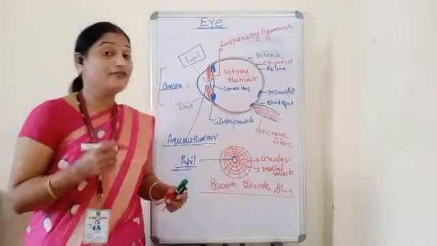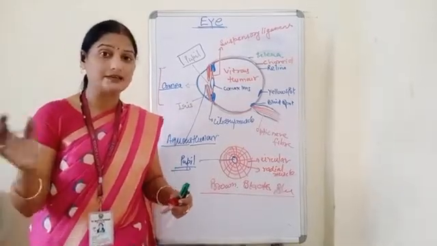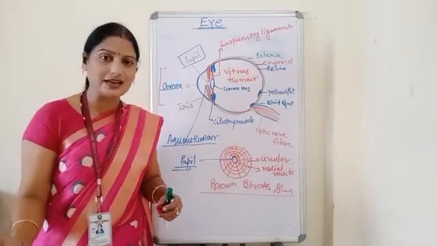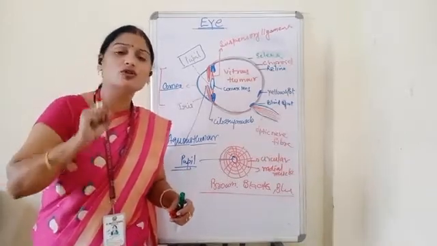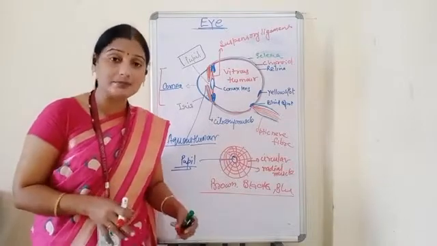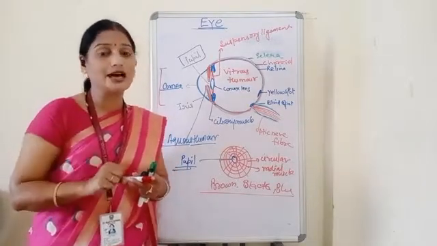Whenever we enter into bright light in the open area, in the presence of sunlight, then automatically we close our eyes. Okay, now how does it happen and why does it happen? Because if we do not close our eyes, then what happens?